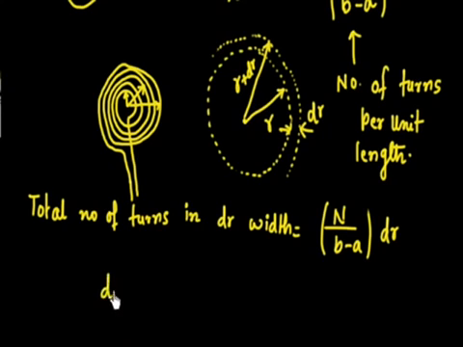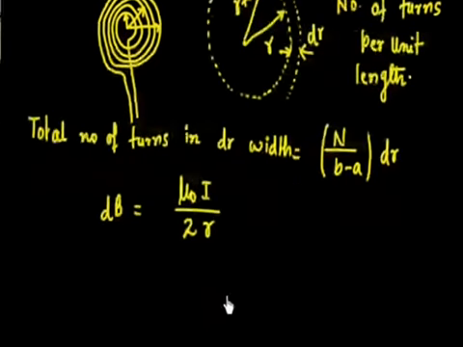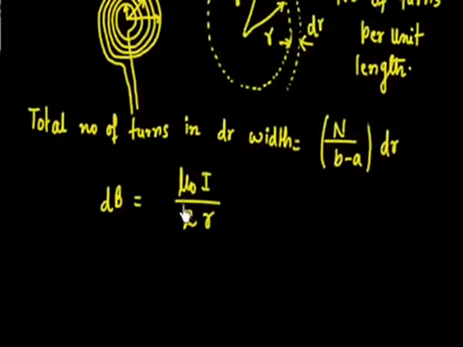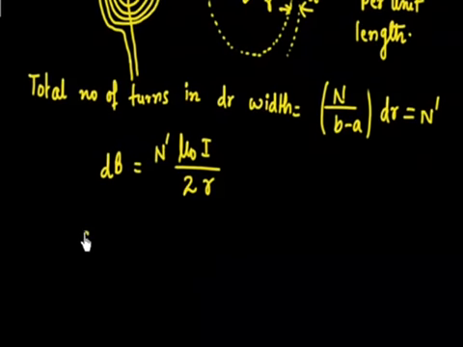So I can write dB is equal to mu naught I by 2r, where r is the radius. Now you see, what is the I? I have not n turns, I have some different number of turns, n dash, and this is the same as this. So I can plug this value here and now things are easy.